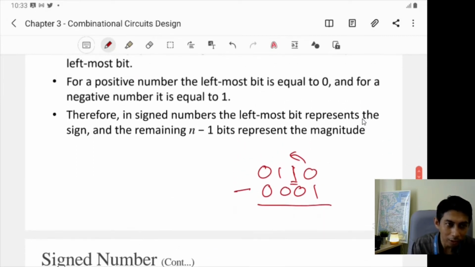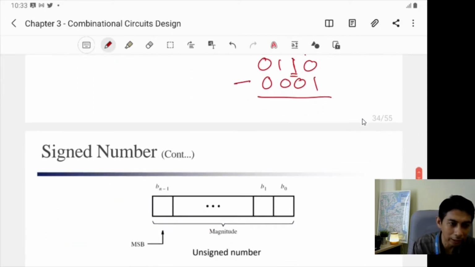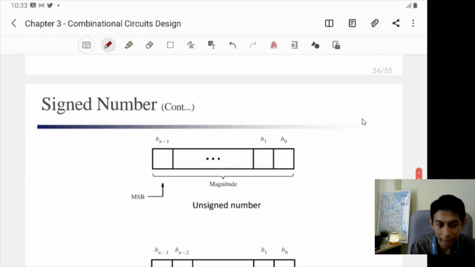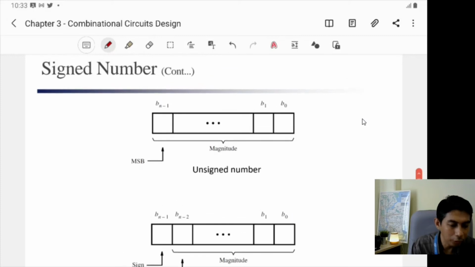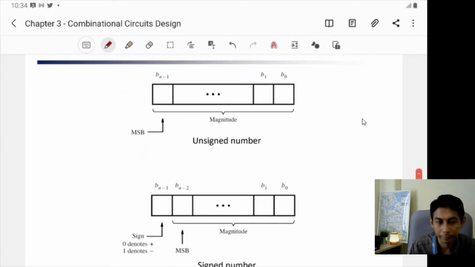So to do subtraction, we need to learn the nature of signed numbers in binary representation. So how do we represent a signed number in binary? All right, there are 3 different ways. For the first one, we call it a sign magnitude representation.